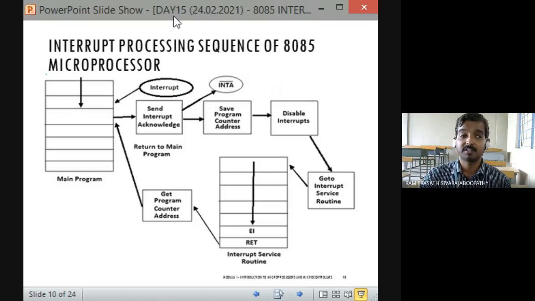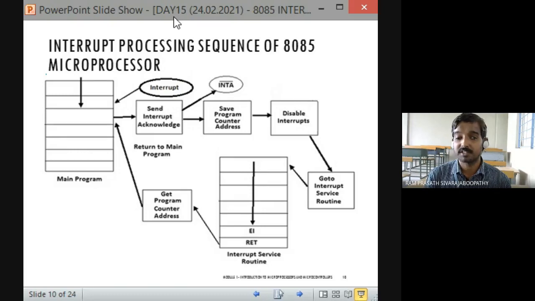Clear? So what is the advantage of interrupt over polling? In the case of polling, what does the CPU do? Last class, correct? Polling is a method to service all the IO devices connected with the CPU. What is the drawback in polling?